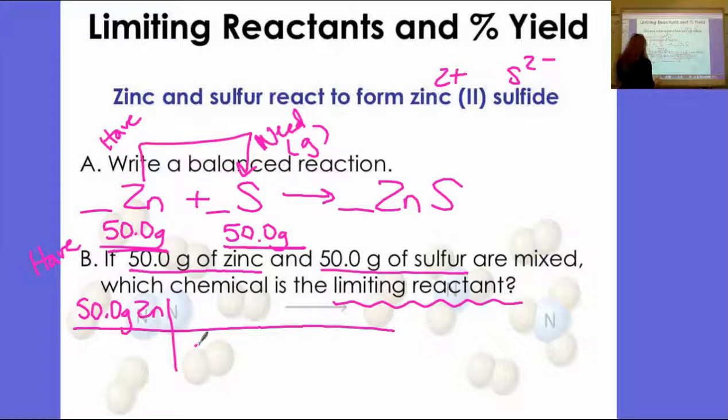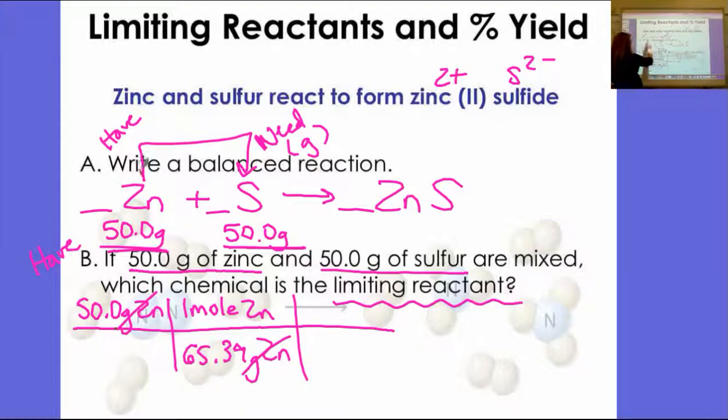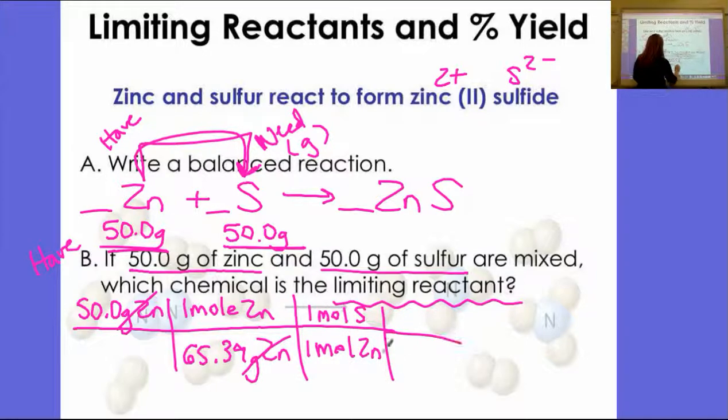Looking at the periodic table, 65.39 grams of zinc gives me 1 mole of zinc. Again, my conversions are nice and easy because this is a 1-to-1 ratio. Moles of zinc cancel, but I want it to be in grams of sulfur.